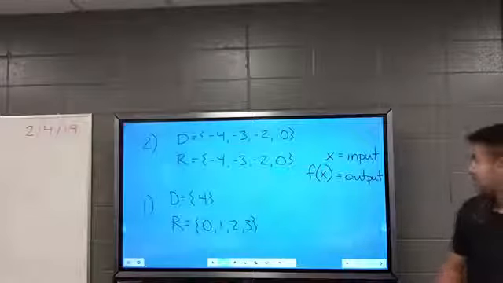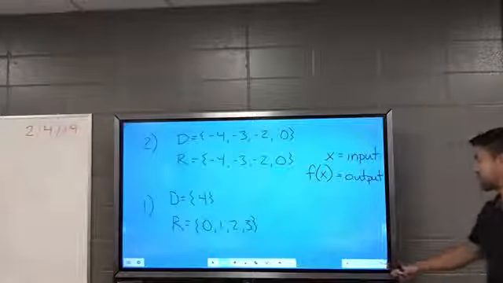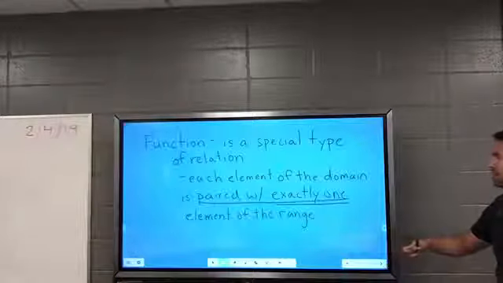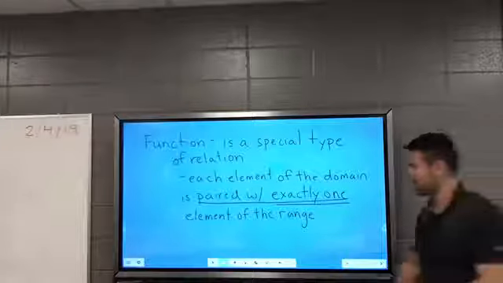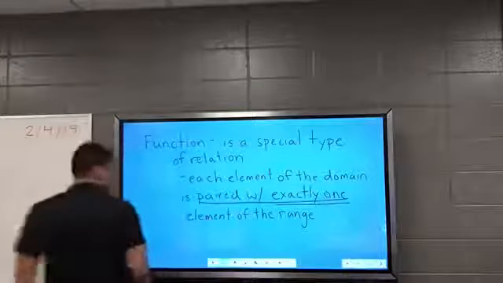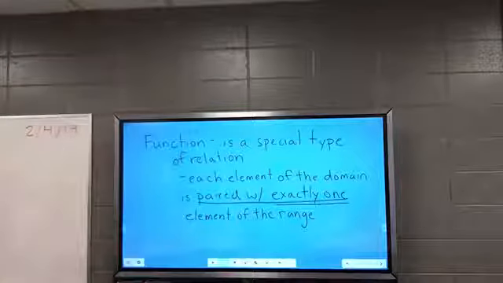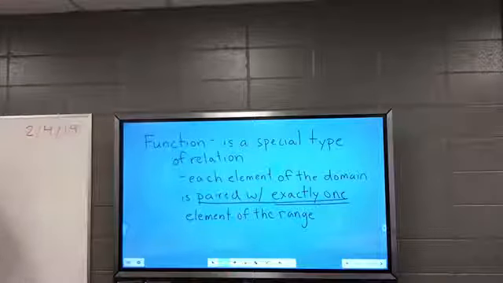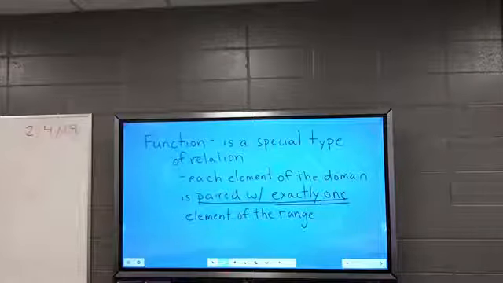Okay, now let's move on to our next, and really the main section right here. Another definition. And this is a tough definition. In fact, I underlined a bunch of stuff, and I realized, you know what? I need to underline more. But I'll just leave it like this for now. That's my definition. A function is a special type of relation.